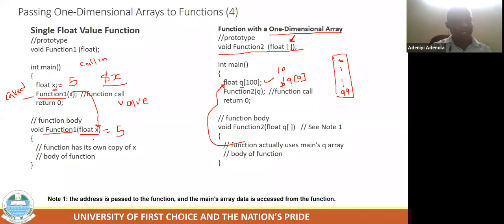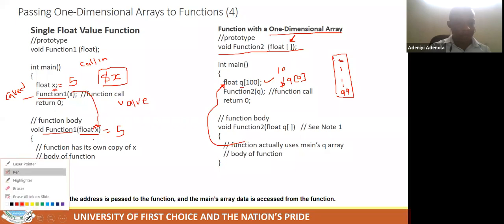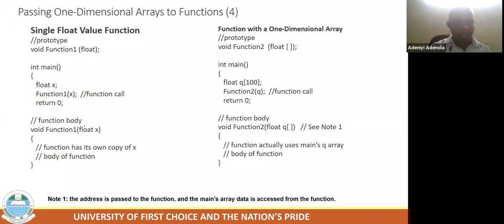What always receives an address is a pointer. So here you'll be declaring something like float X underscore pointer. Let me erase. So if you're dealing with reference, you'll be passing the address of X, which will be received by what? A pointer.